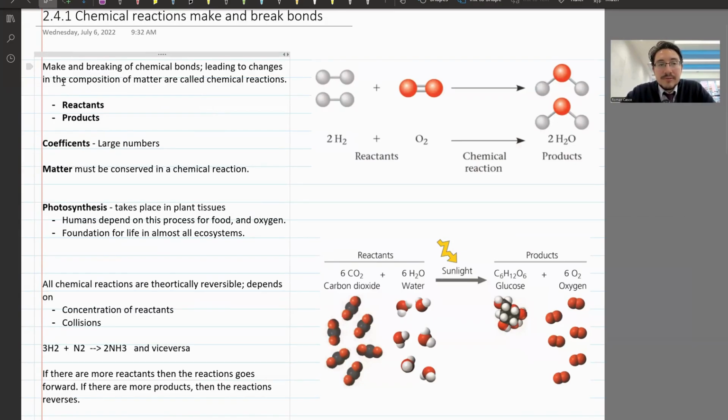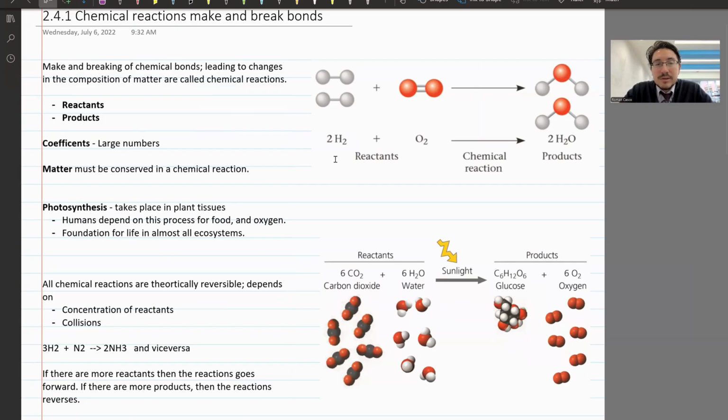Every time you have the formation or the breaking of chemical bonds, one way or another, it's a chemical reaction, right? So you have reactants in this chemical reaction, the molecules and compounds that are interacting together to create an output. And that output is referred to as the products.